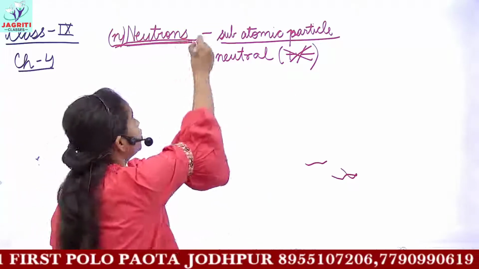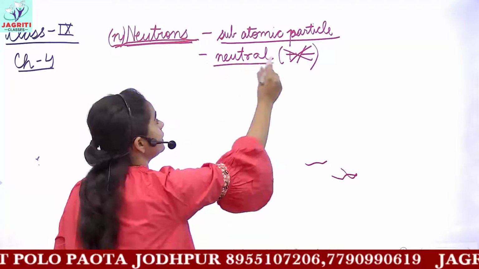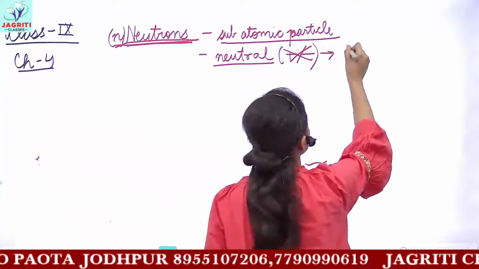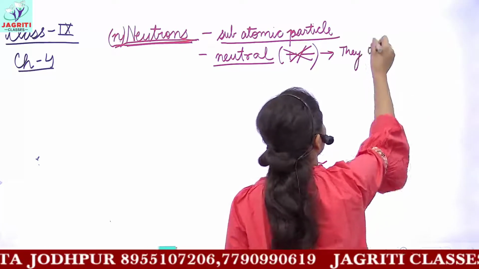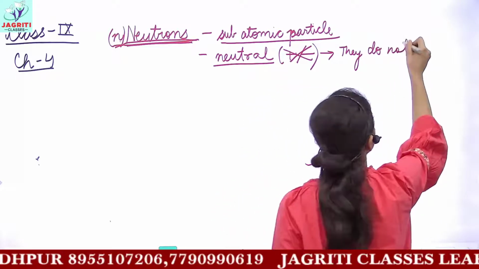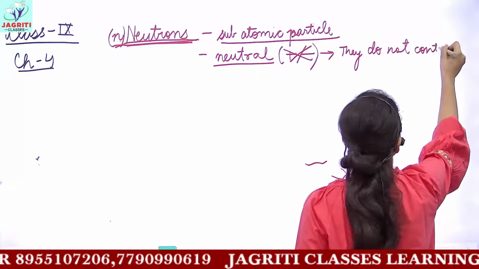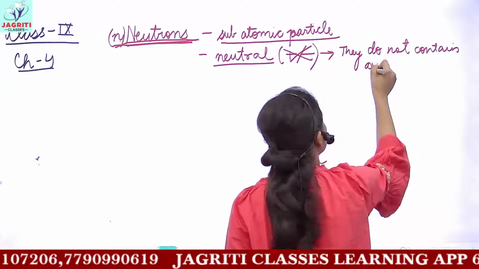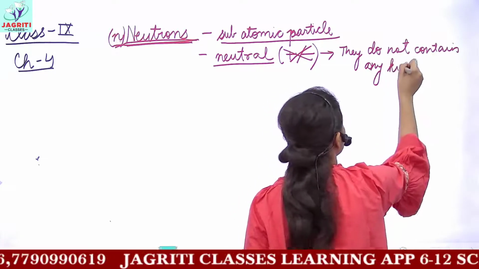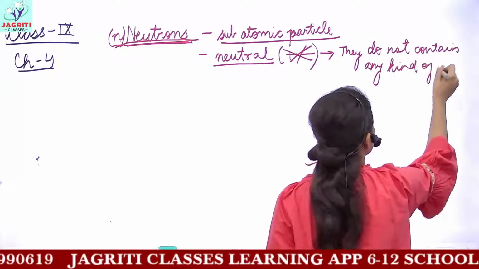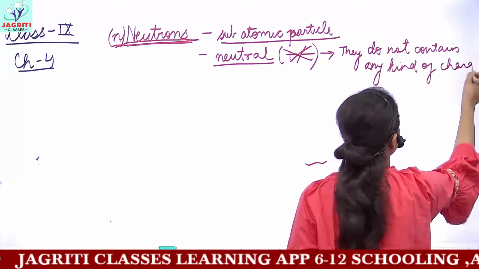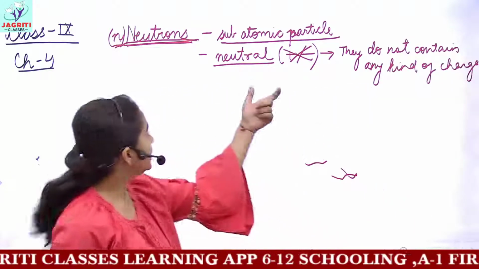But neutrons are neutral. Neutral means they do not contain any kind of charge on them. So this is what you mean by neutrons.